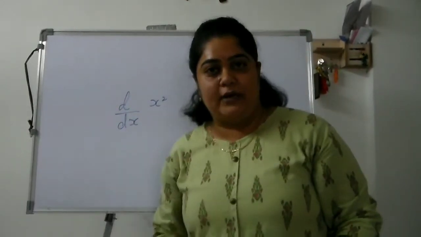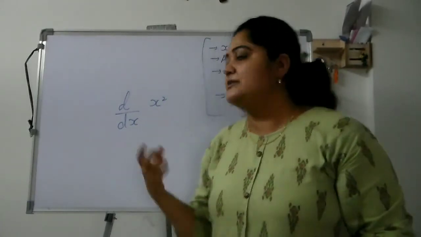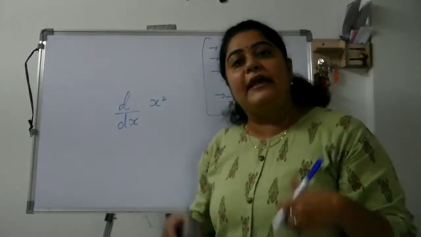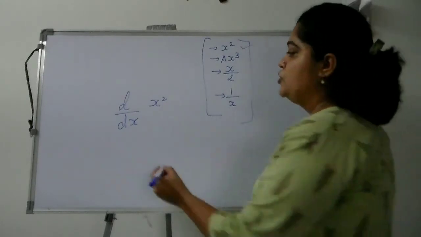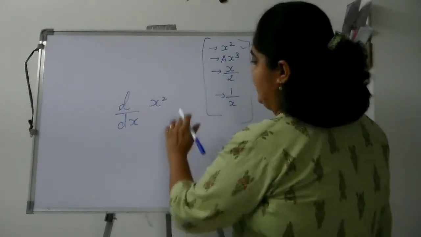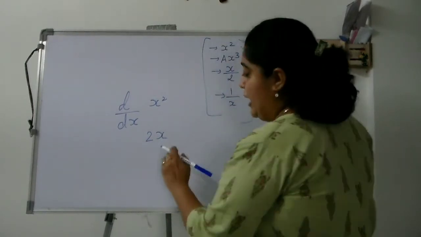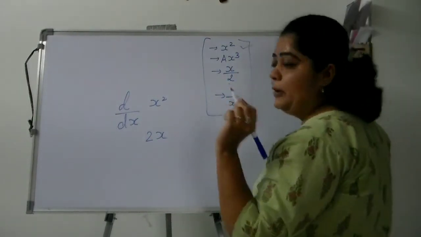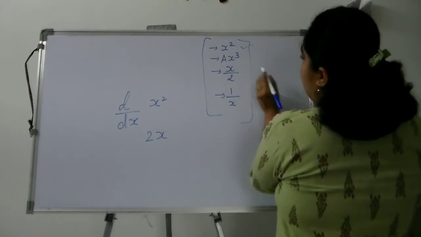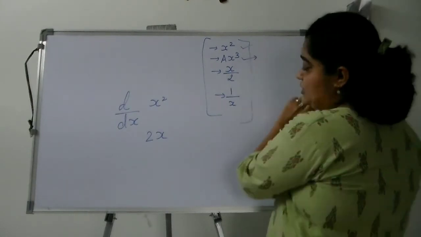You know this is the operator and this is how it functions. Similarly, there is one way of operating this. So d by dx of x square is nothing but 2x. Now how this has come I will tell you. But before that, let us look at this operator, this function.